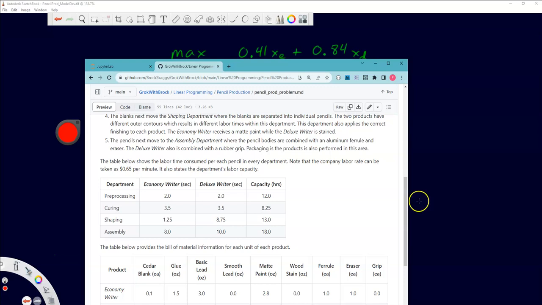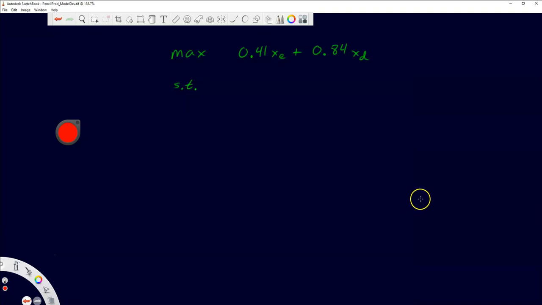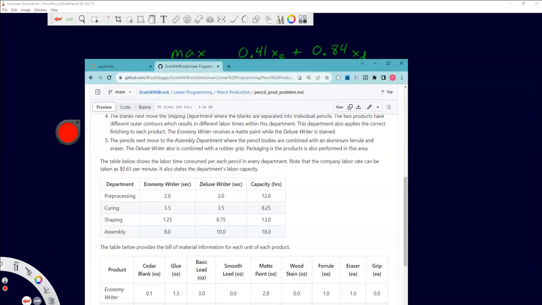So to write that as a constraint, we could say something like, well, I'm just going to take 2 times x sub e plus 2 times x sub d. This would be the amount of time that we consume in the pre-processing department.